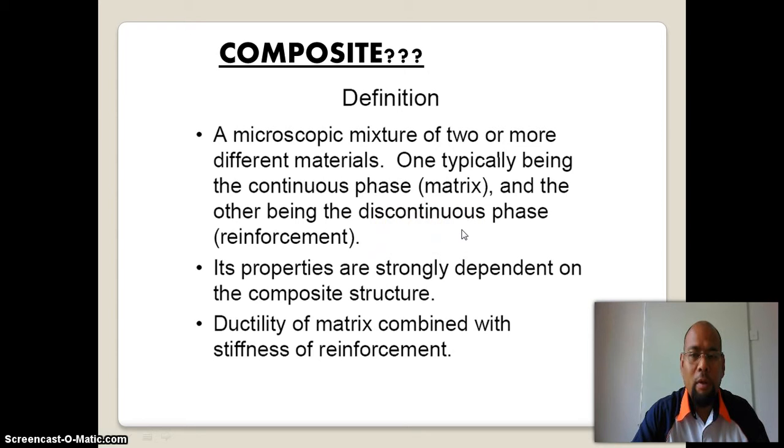For example, we have composite fiberglass fibers, carbon graphite fibers, etc.